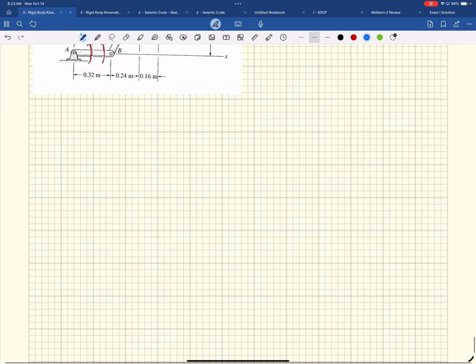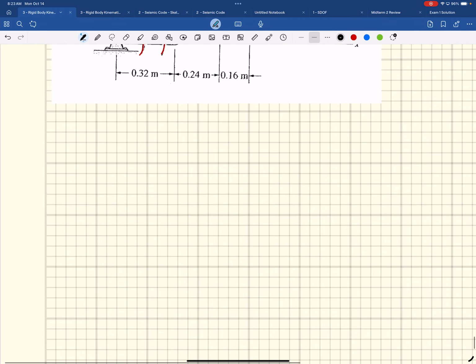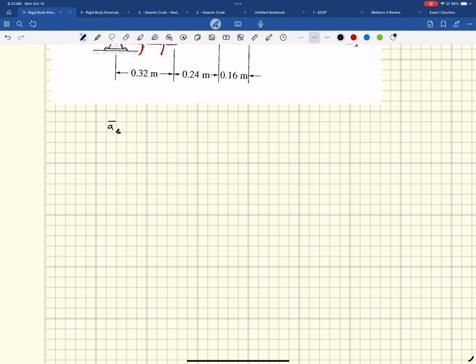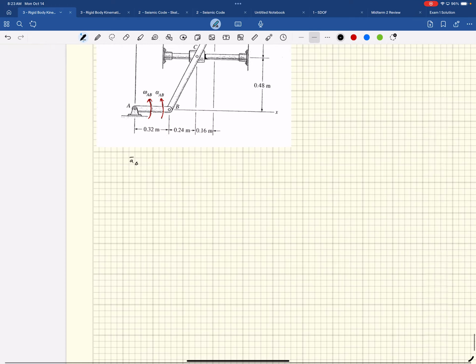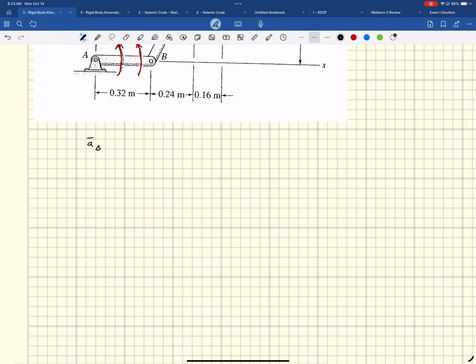Okay, so now let's come down for accelerations. We go AB, and I'm going to start out with A_A, because I know that velocity is 0. A_A plus omega AB cross, oh, no, I wasn't done yet.